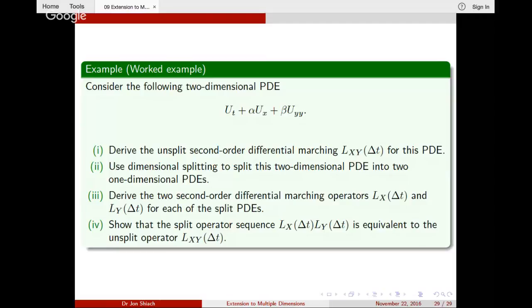That's my unsplit equation. That is the same as UT plus alpha UX equals 0 and UT plus beta UYY equals 0. Make sense? Okay, yeah, I get it.